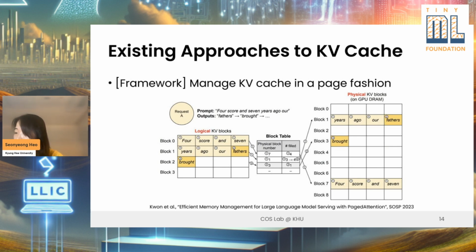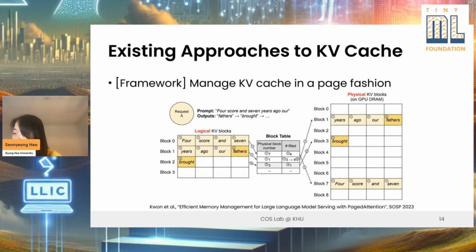Another approach is to manage KV cache in a paged fashion. In general, KV cache is implemented as a ring buffer, but it may suffer from internal or external fragmentation when there are multiple users that share the KV cache. It can result in underutilization of the memory space. Therefore, this SOSP paper proposes to bring the concept of paging to manage KV cache.